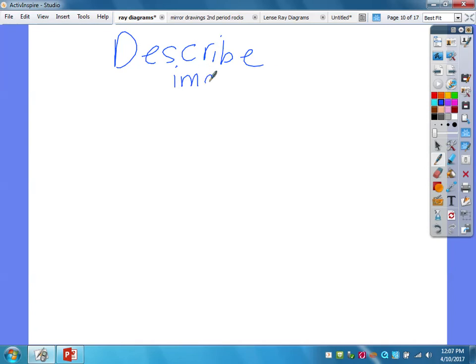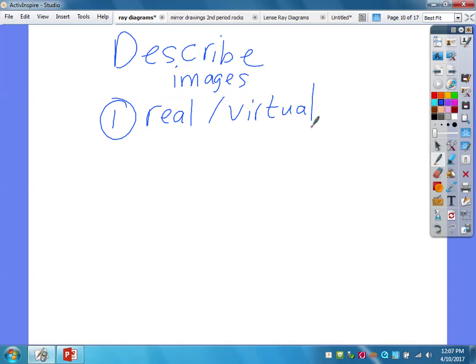And this is for all problems in this unit. You already started seeing some of this with the plane mirror, but there's only 4 things. First one, is your image real or virtual? We will go over that in another video of how we can clearly do that, either through math or through drawing.